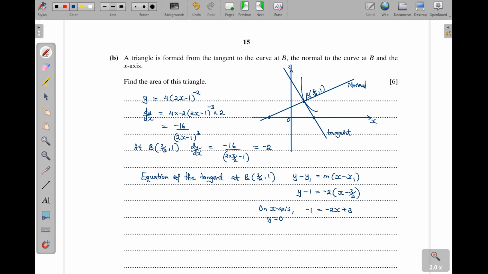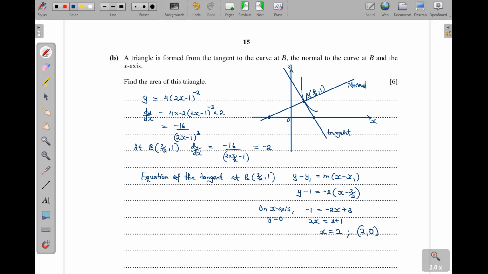So making x the subject of the formula, we shall have 2x equal to 3 plus 1, not so? So x will be equal to 4 divided by 2, that will be 2. Okay, so we keep that one there, and then, in fact, we are going to have the coordinate (2, 0).